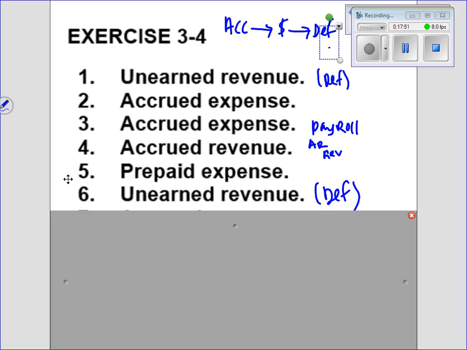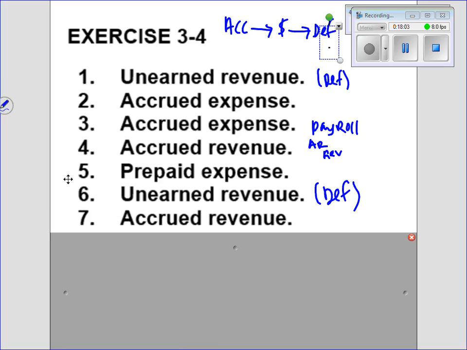Number 7, Hart performed consulting services for a client in December, and then on December 31st, it had not yet billed the client for the services. Accrued revenue, it happened, they just didn't pay us. It's going to be exactly that AR and revenue sequence again.